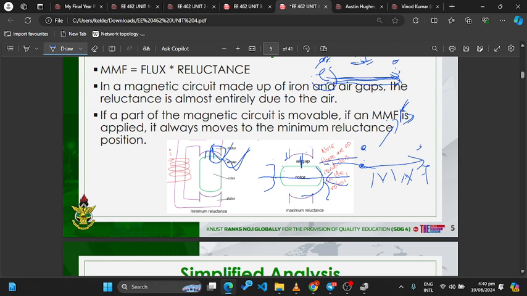But remember that this one is switched. We said that it's a switched reluctance motor, so not all of these stator windings are excited at the same time. They are switched. Those of you who know how a stepper motor works, it works in the same manner.